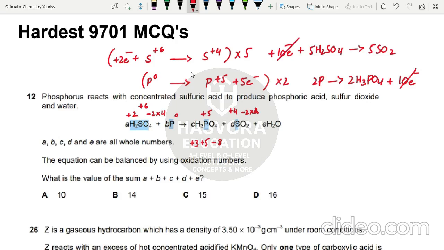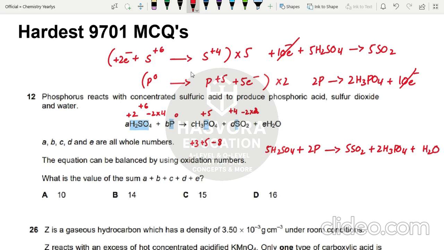Now we can write the whole equation as 5H2SO4 plus 2P, because reactants plus reactants, and on the product side it will be 5SO2 plus 2H3PO4. But we are not done yet, we have the H2O left out, so now we will balance it.